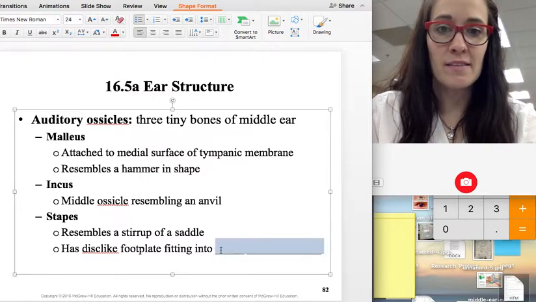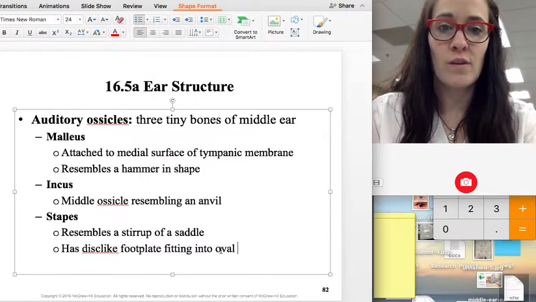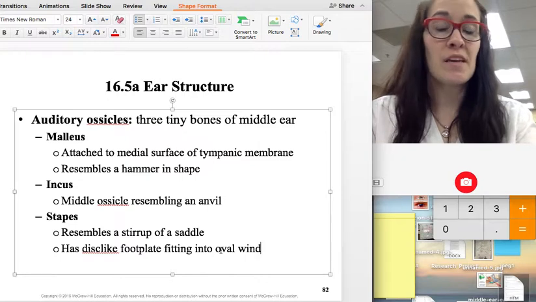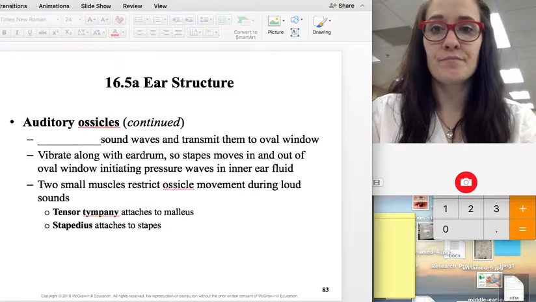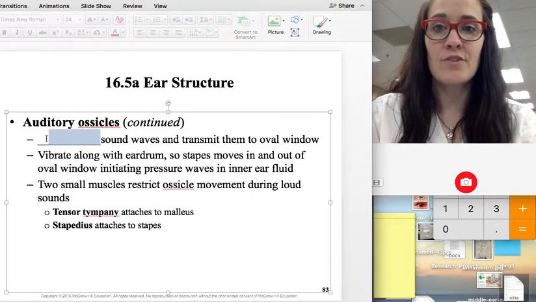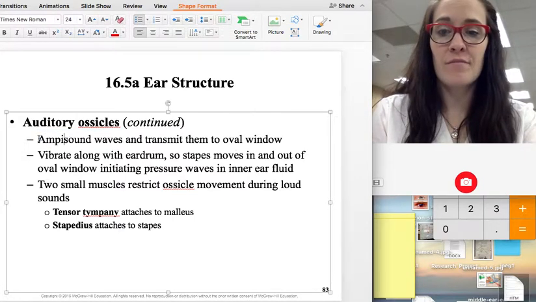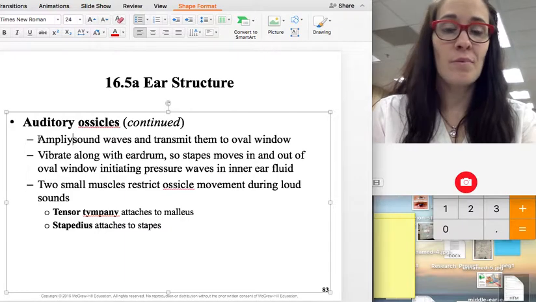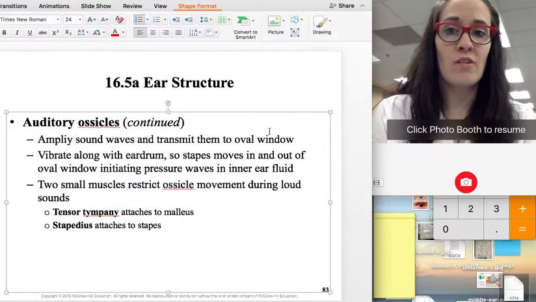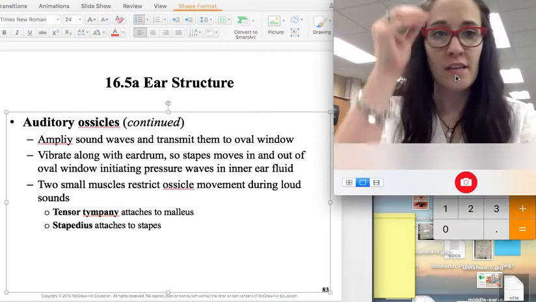And the stapes is connected to the oval window, which is the beginning of the internal ear. And like I said, their job is to direct the sound waves, and they also amplify them 20 times, making them 20 times stronger.